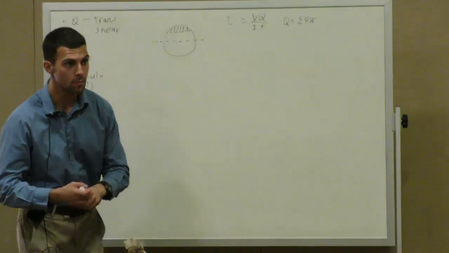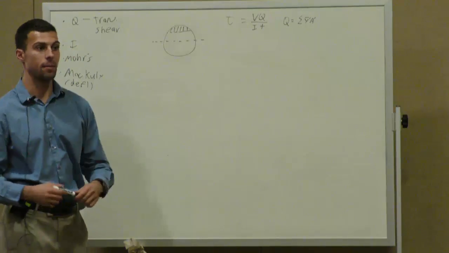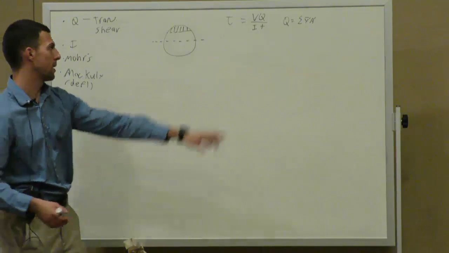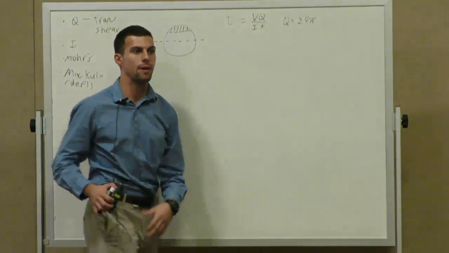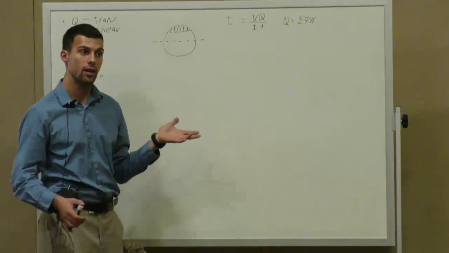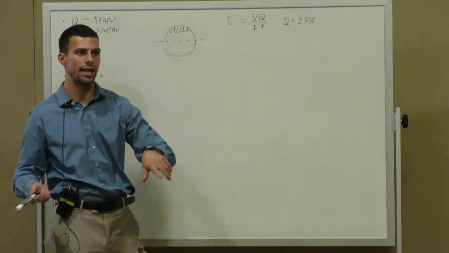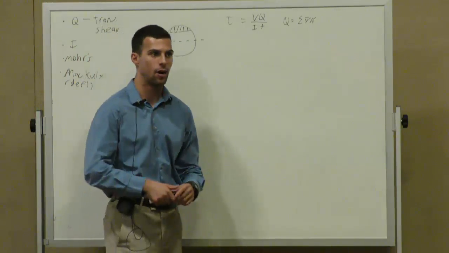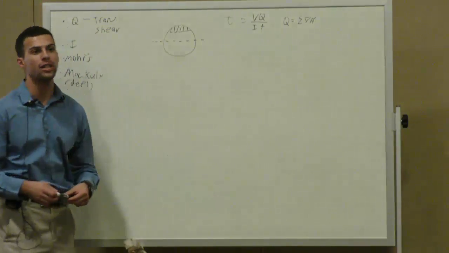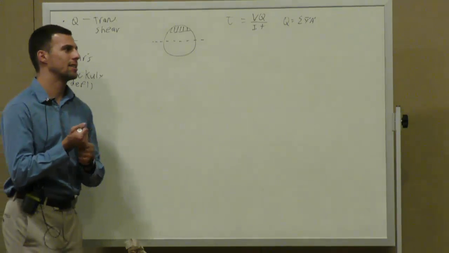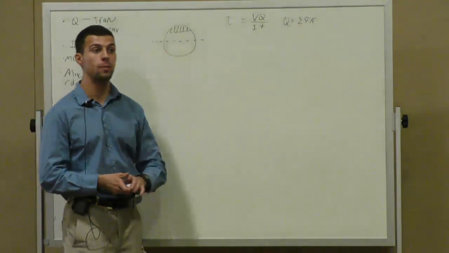Now, for a semicircle, that becomes really easy then. Because A prime is just half of your overall area, and Y bar prime is just the centroid of a semicircle, which if you look in that table on the back of your book, it's there. Or if you look it up on Google, it's also there. And so that Q becomes rather easy.